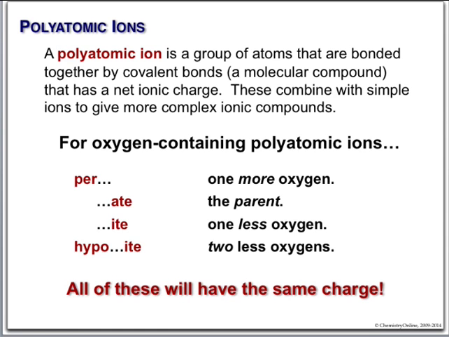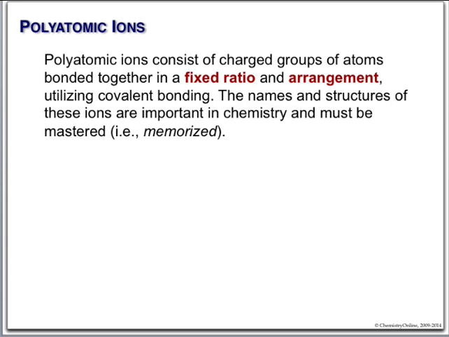All of these, however, will have exactly the same charge. So really what you have to remember in each of the major groups is who's the parent, and then you just change the prefixes and add or subtract oxygens, all with the same charge though. So let's look at the list here. It's a little overwhelming perhaps.